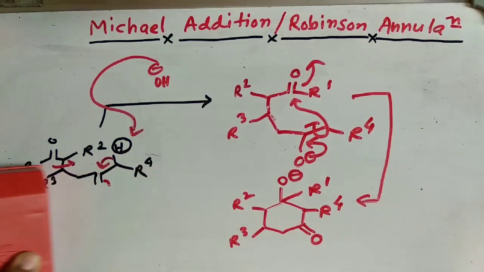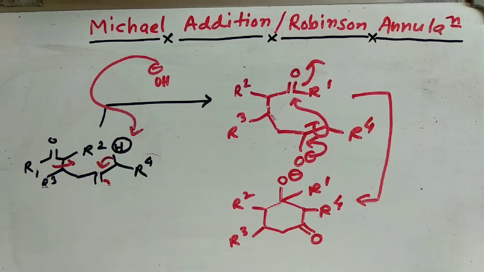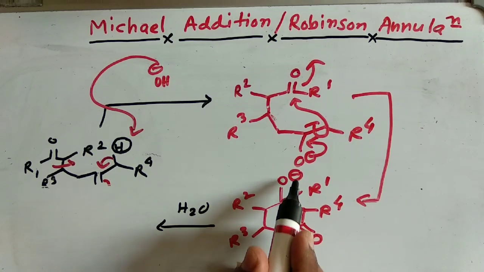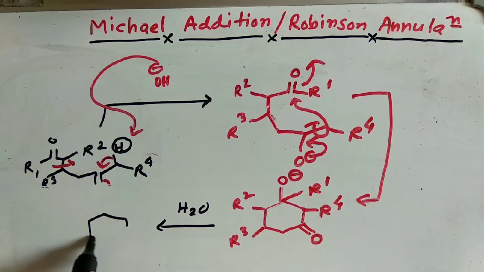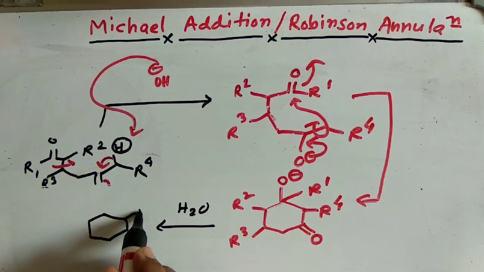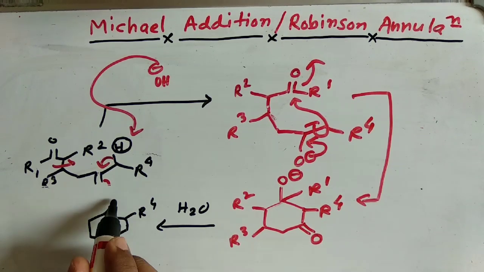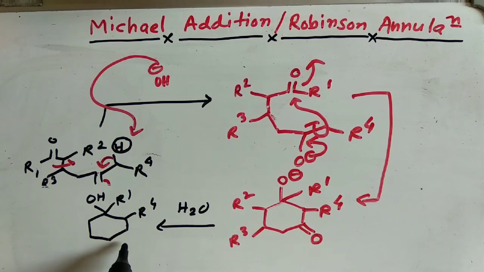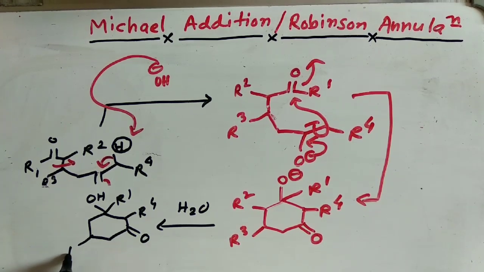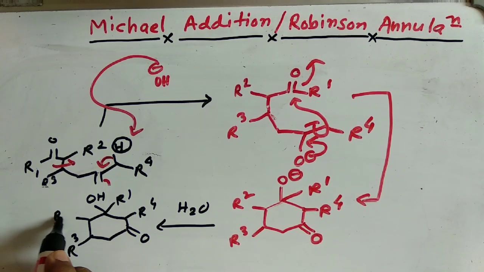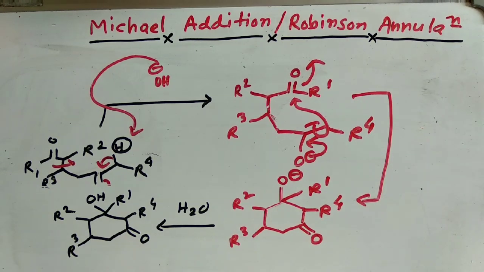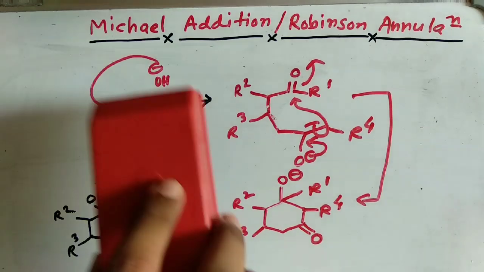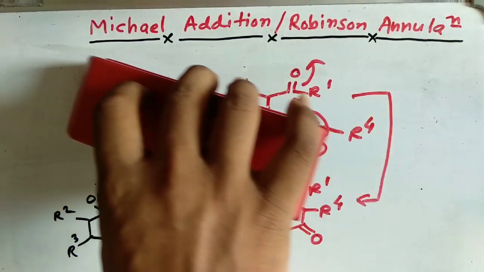So now in the next step, in presence of water, this O minus will be protonated and we get the product like this: R4, R1, this is OH, this is keto, this is R3, this is R2, and finally H2O will leave the system because of the presence of the strong base.